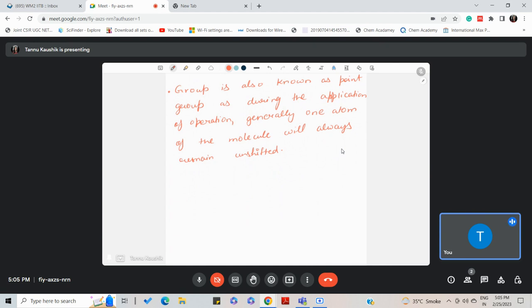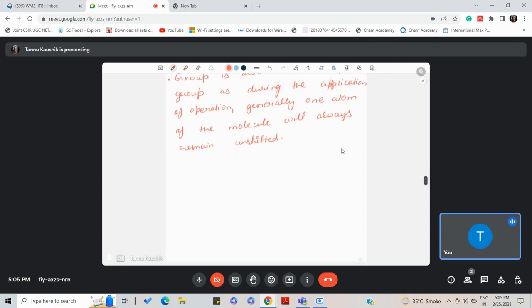So we will be basically carrying out all the symmetry operations around that static point only. You might remember that when we put all the atoms in a molecule in a three-axis coordinate system, we generally fix one of the points and give it as the origin, which remains unshifted throughout the operation.